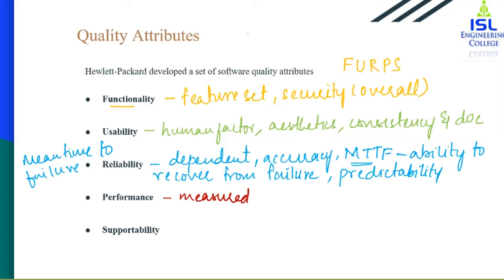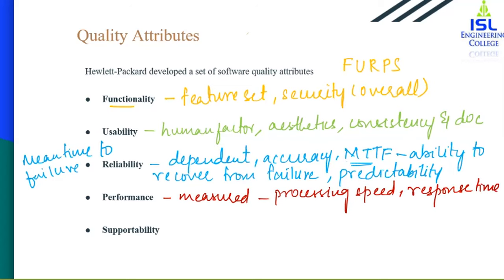The performance is measured by the processing speed, how it is going to process your input. Based upon the input, how fast it is giving you the output, that is your processing speed. Then what is the response time, within how much time it is going to generate the response. Whenever you do a Google search, it is going to give you the response time, with the result given in some microseconds or a second.